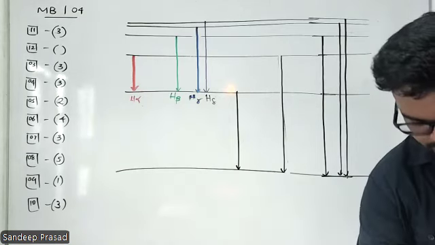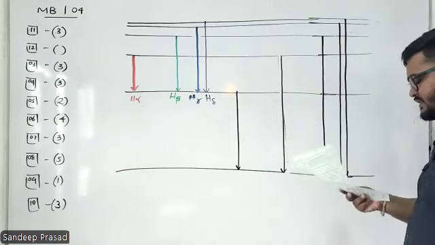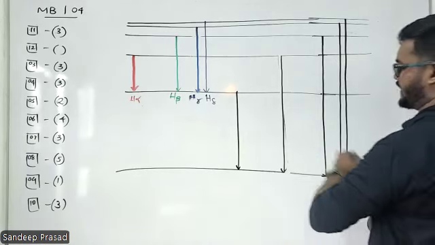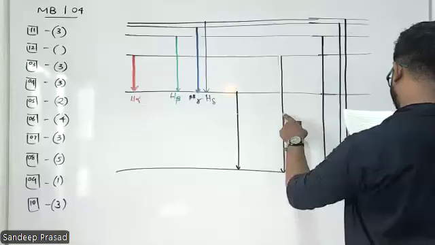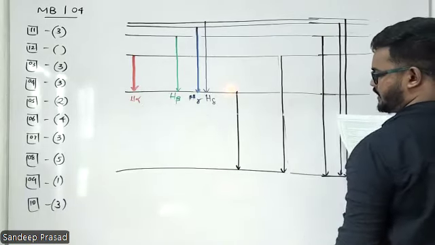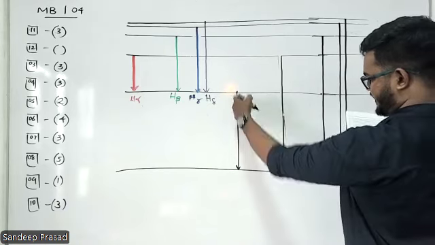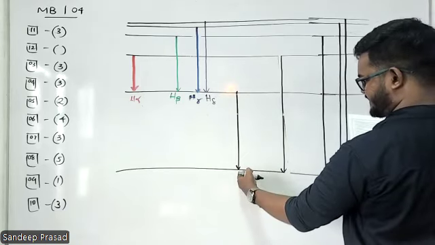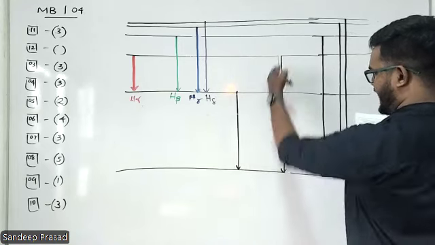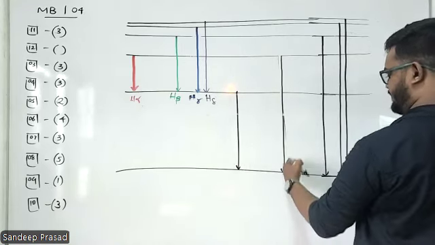Look at this one. The frequency differences between the first two lines of the Lyman series, first two lines, this one and this one. We know that this line is representing the energy level gap between these two, and this line is representing the energy level gap between these two.